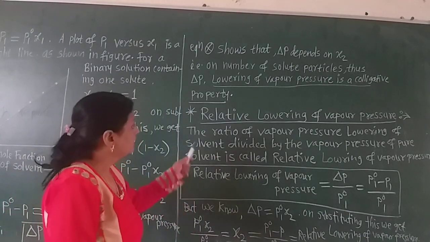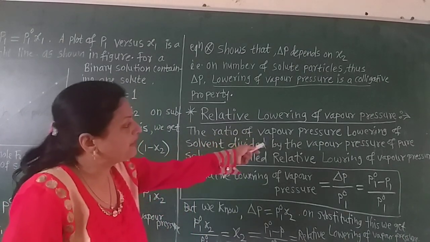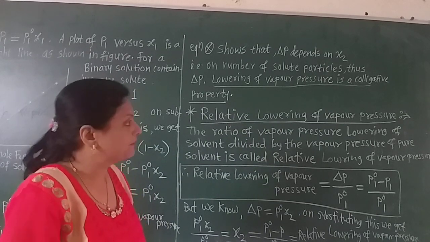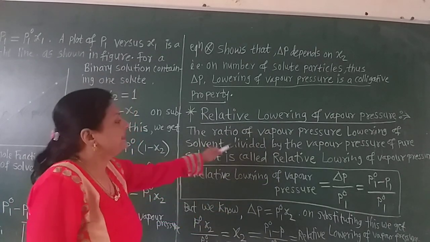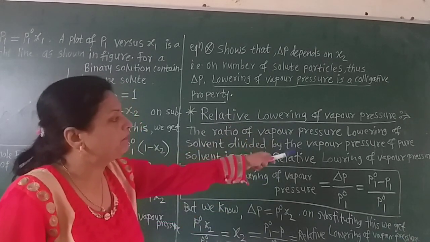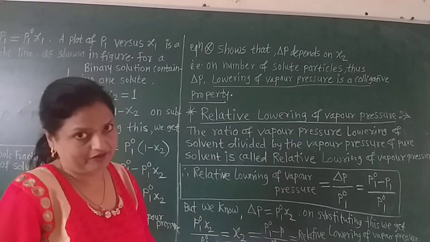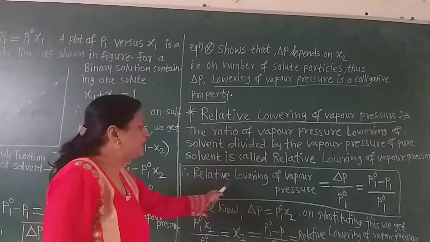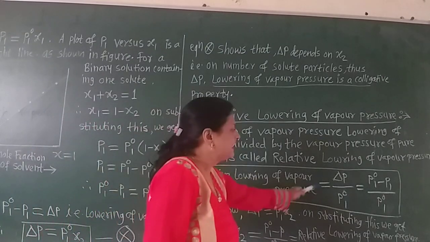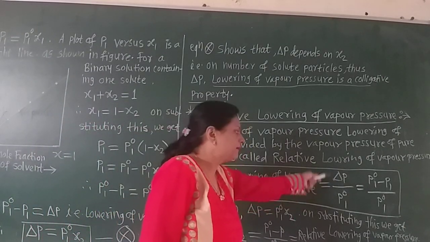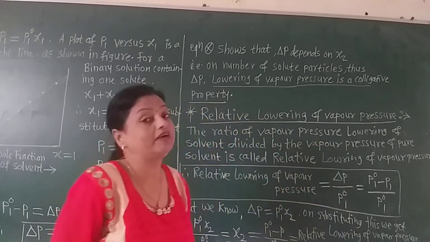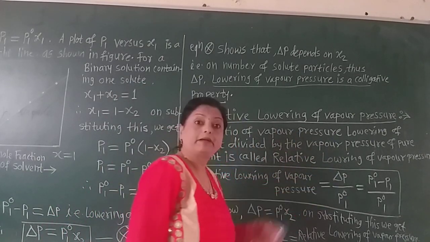Now see here, the ratio of the lowering of vapor pressure of solvent divided by the vapor pressure of pure solvent is called relative lowering of vapor pressure. So relative lowering of vapor pressure is given as delta P divided by P01.